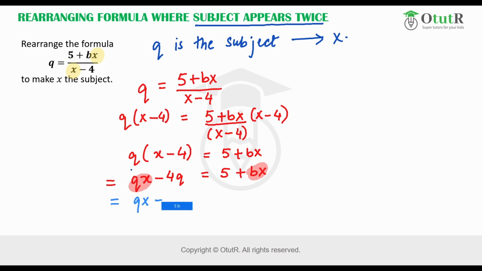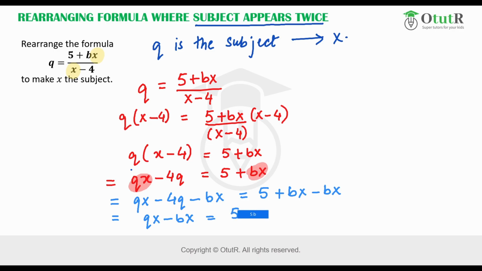Done. After this, I am simply going to get qx minus bx minus 4q is equal to 5, right?